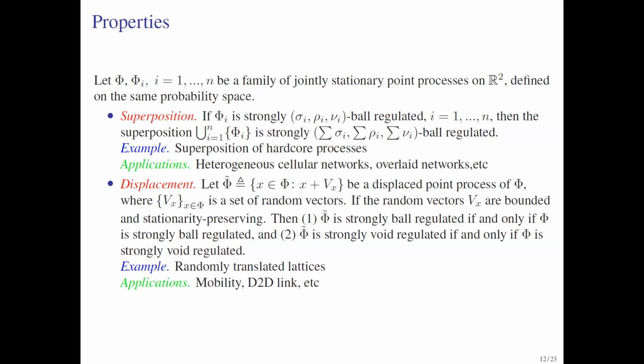It says that if the point process is originally strongly Bohr regulated, then after a random displacement, which is bounded and also stationarity preserving, the resulting point process is again strongly Bohr regulated. And the same goes for void regulation.